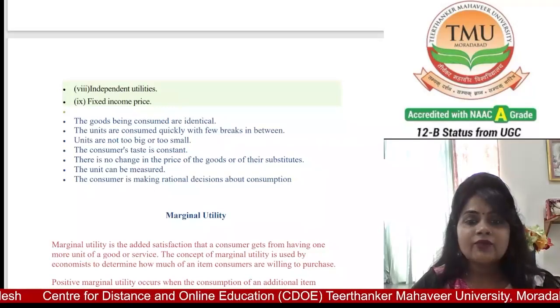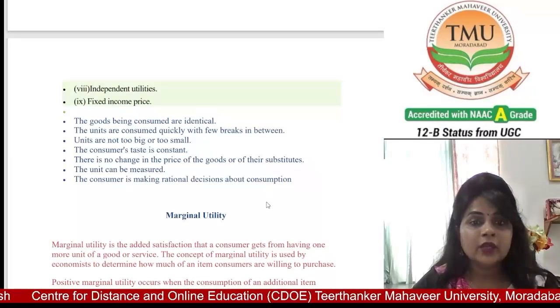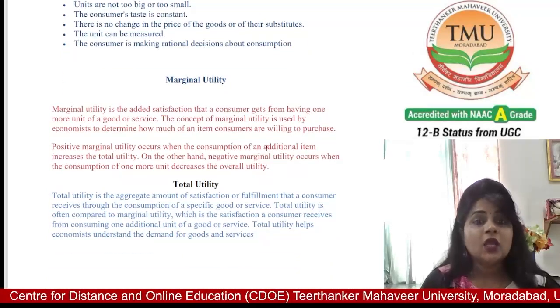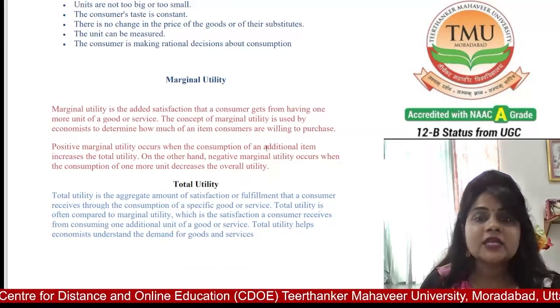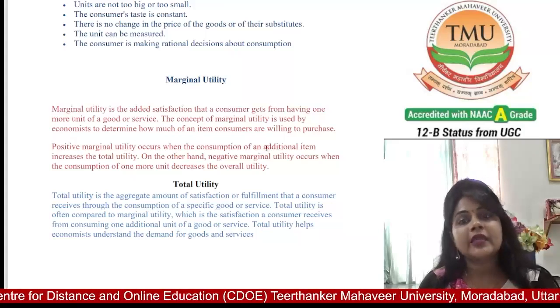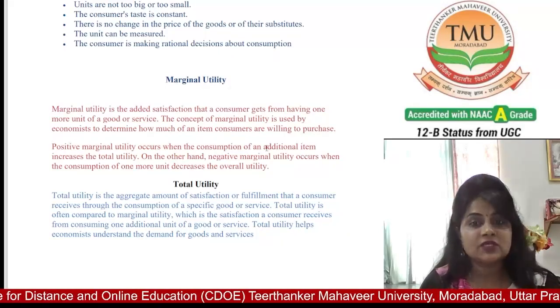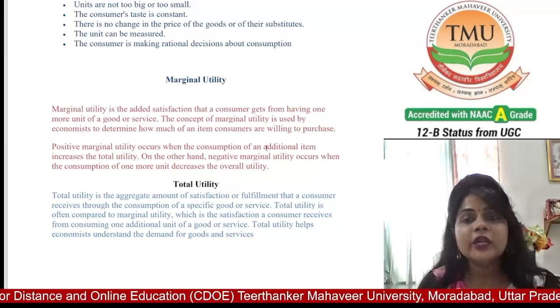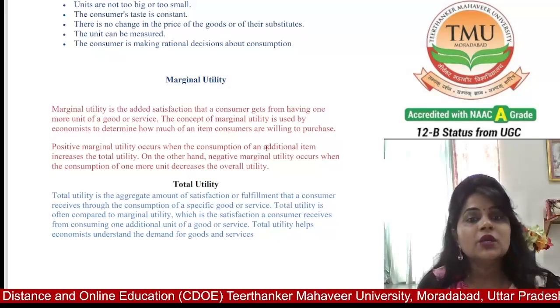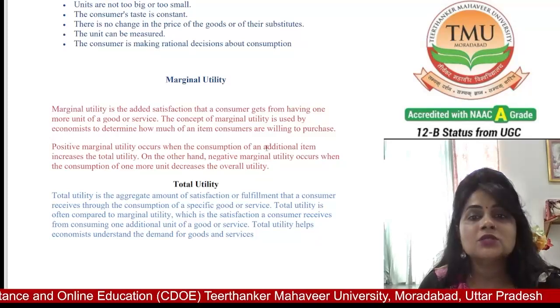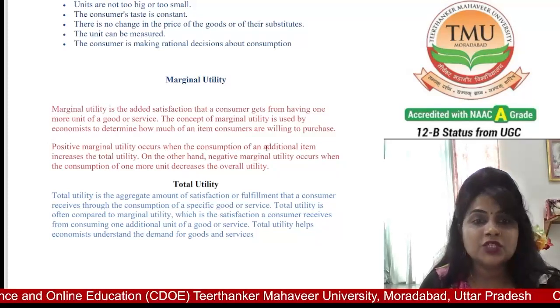Now we discuss marginal utility, because this law depends on marginal utility. Marginal utility is the added satisfaction that a consumer gets from having one more unit of a good or service. The concept of marginal utility is used by economists to determine how much of an item consumers are willing to purchase.